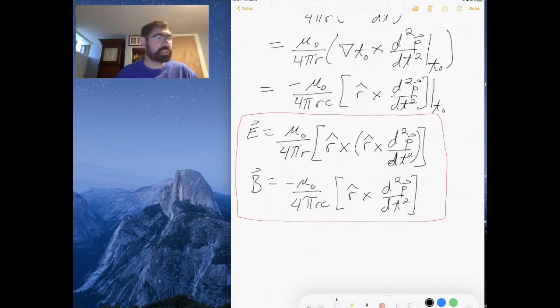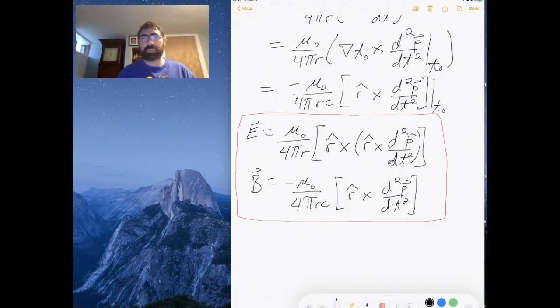So in the end, in order to solve for it, you would have to come up with an equation for the electric dipole moment. And once you have that, you can then plug it in and solve for the electric and magnetic fields.